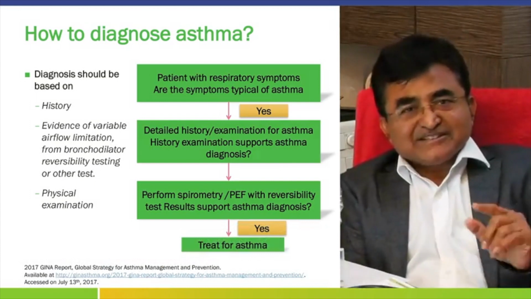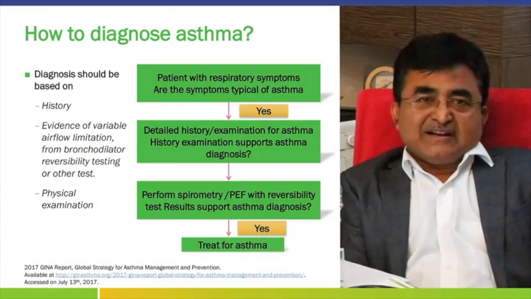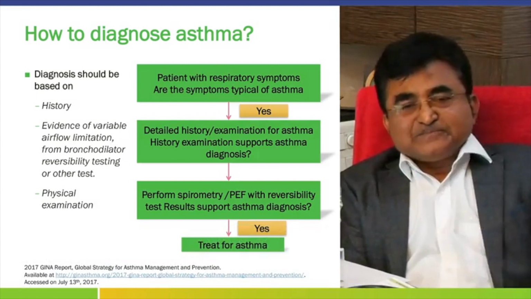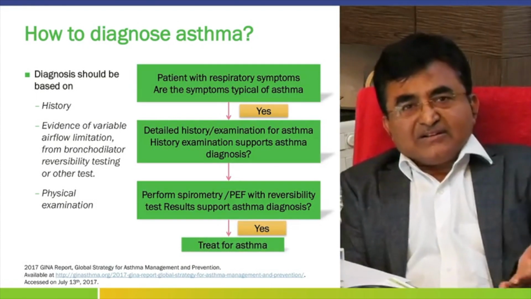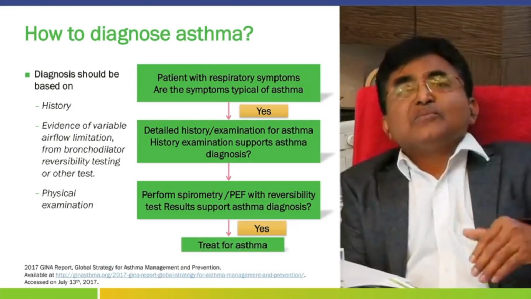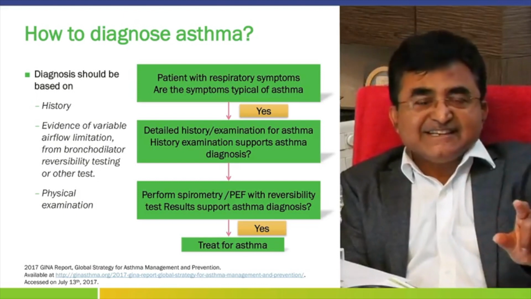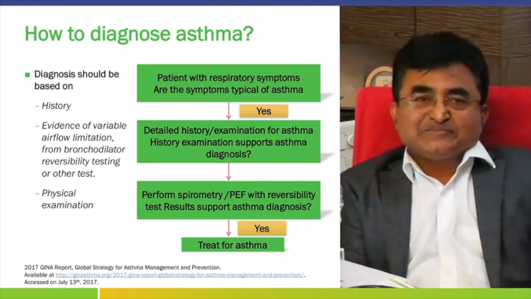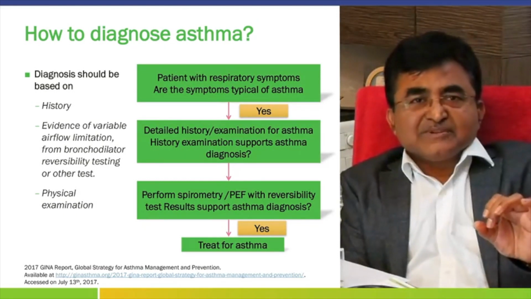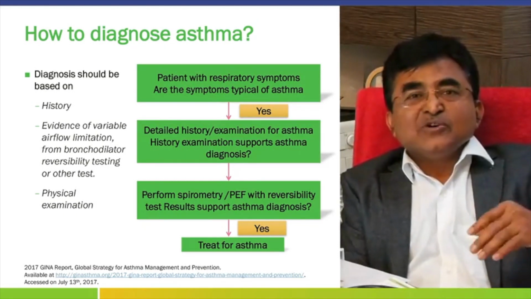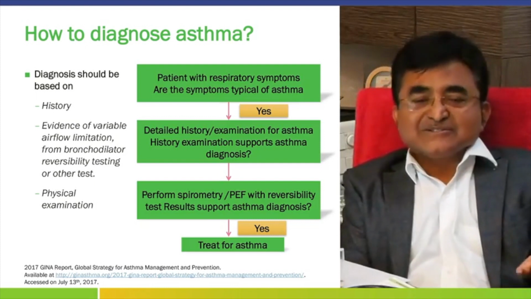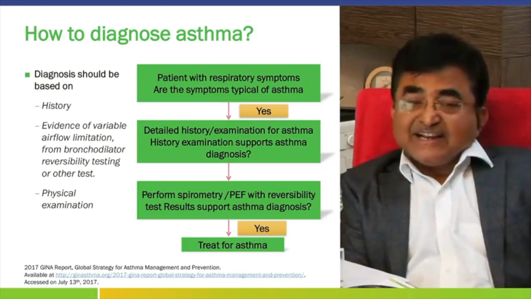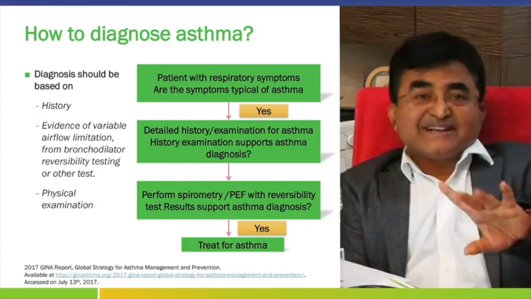Take the readings, measure the readings, record the FEV1. Later on, you give the bronchodilator, perform the test again, and see whether there is improvement in FEV1. So bronchospasm is reversible with a bronchodilator drug, that is called the reversibility test, and yes, that is the proof for asthma.